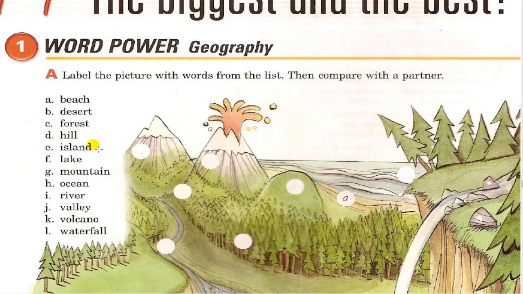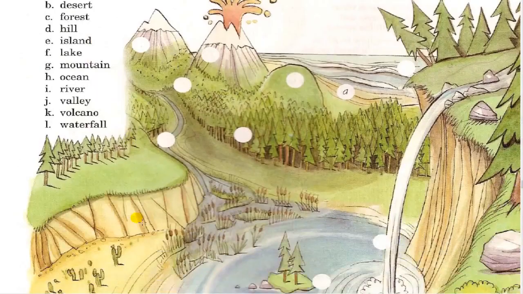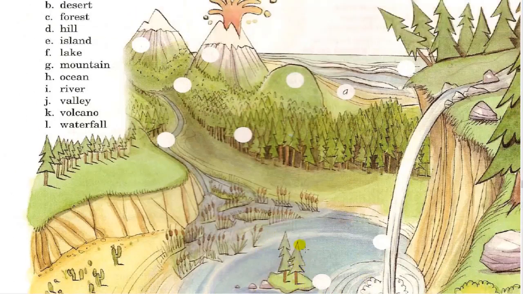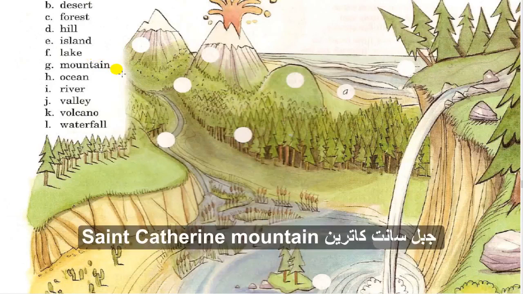Island. Name of island. Search island. This means land, a piece of land, with water around it. Tiran Island. Lake. Nasser Lake. Ismailia Lake. Mountain. St. Catherine Mountain.